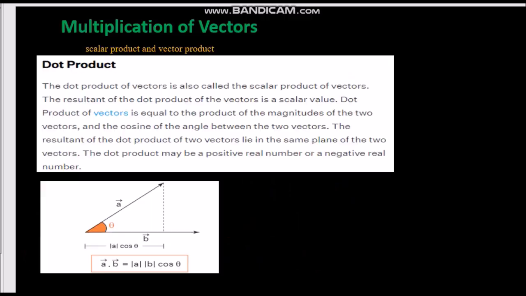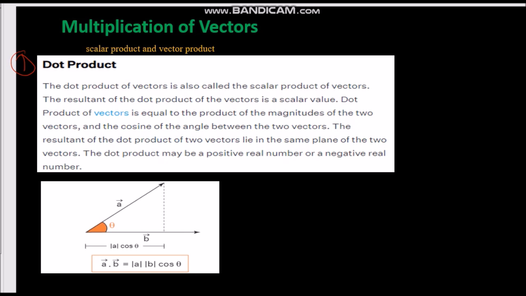The next point is multiplication of vectors. Here we have two types of multiplication of vectors. The first one is the scalar product, and the second one is the vector product.